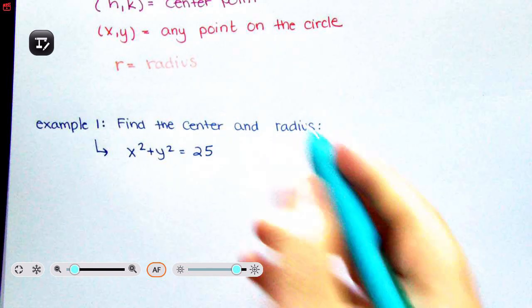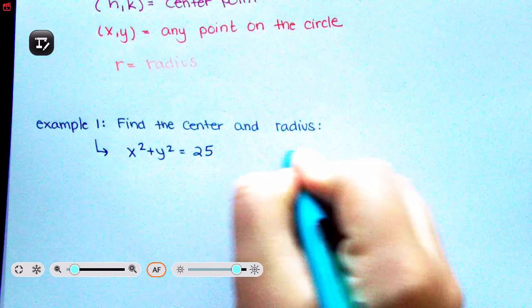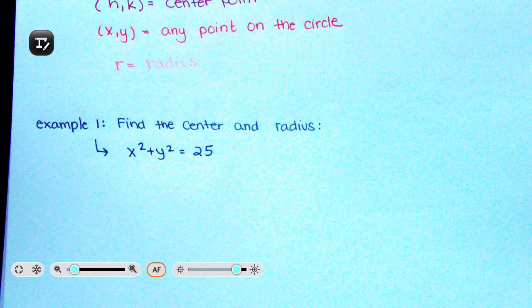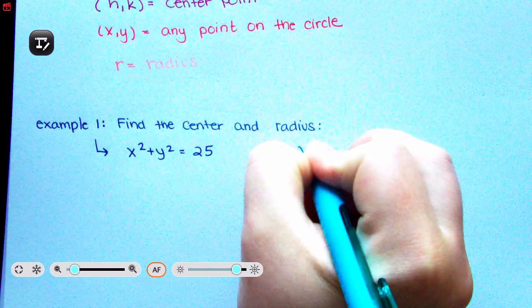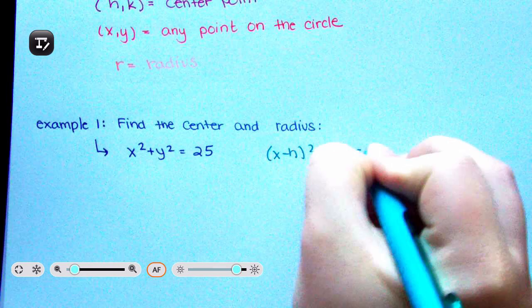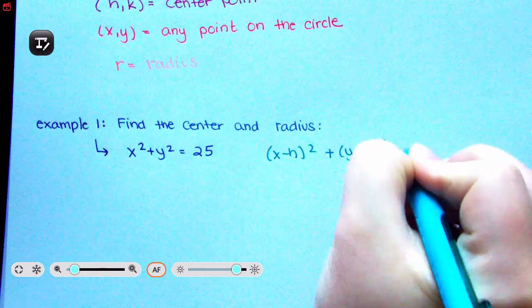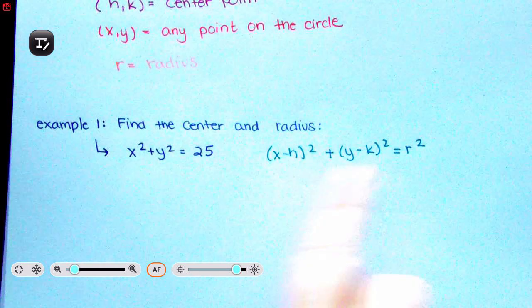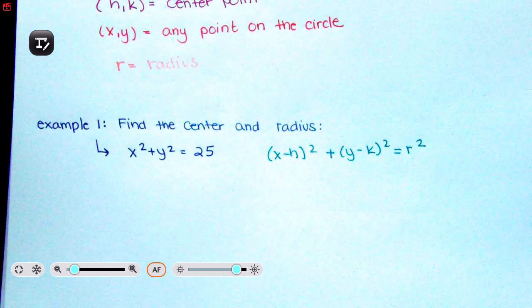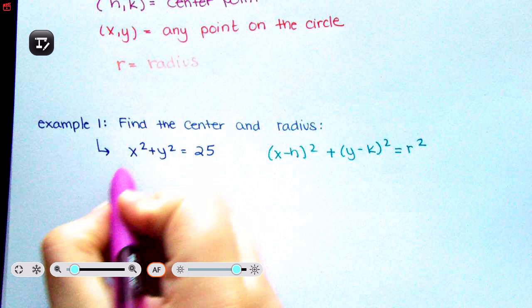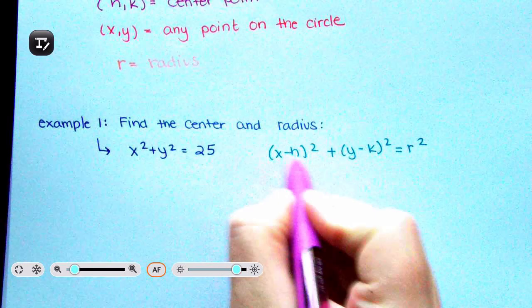Our standard form is, I'll write it next to it. (x minus h) squared plus (y minus k) squared equals r squared. So we want everything in our given equation to look like our standard form. So I'm going to rewrite things. I notice I have an x squared, but I don't have an h.